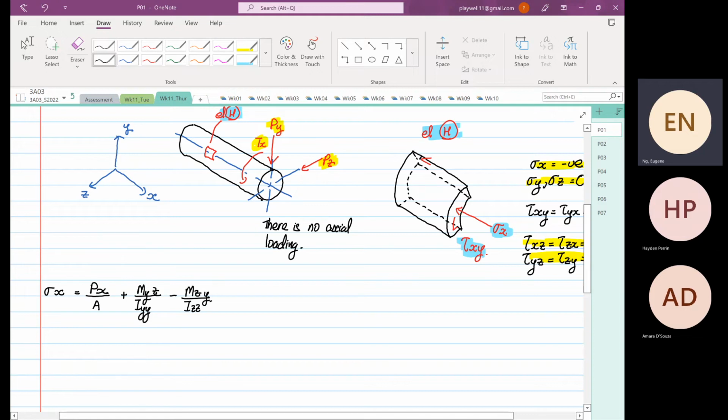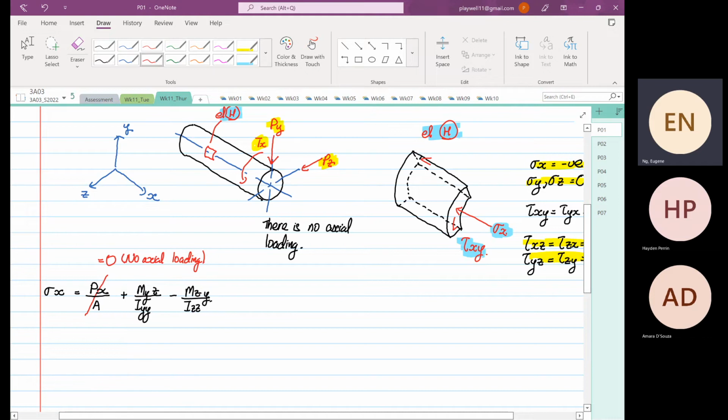This is the general formula that we usually see. For our case, the axial term will be equal to 0. Why? This is because there is no axial loading.